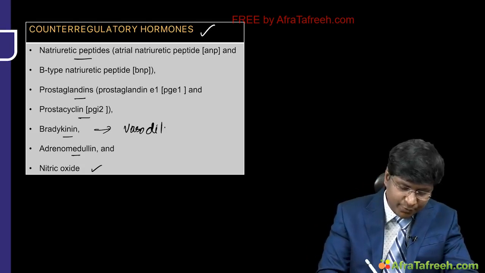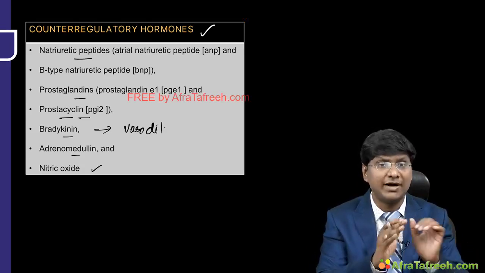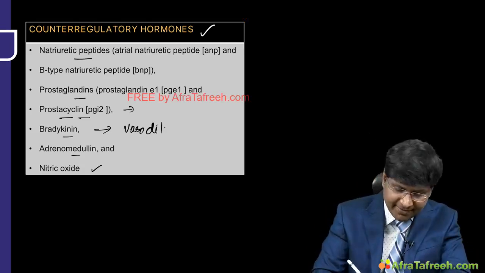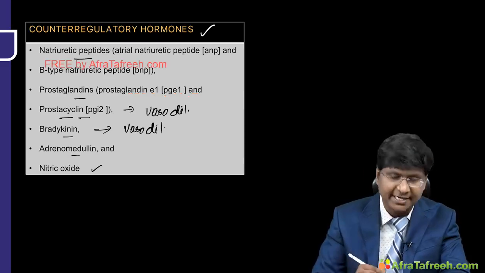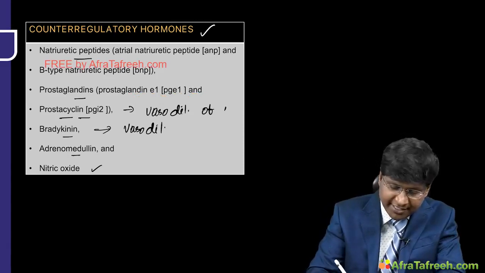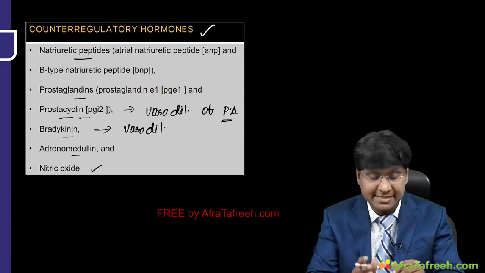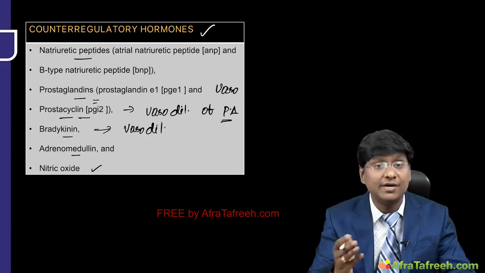Then you take this prostacyclin, which is nothing but your PGI2. They also have a relaxation effect on vascular smooth muscle, and thereby there will be vasodilatation of the pulmonary arteries. Then you take the prostaglandins, they also cause vasodilatation.